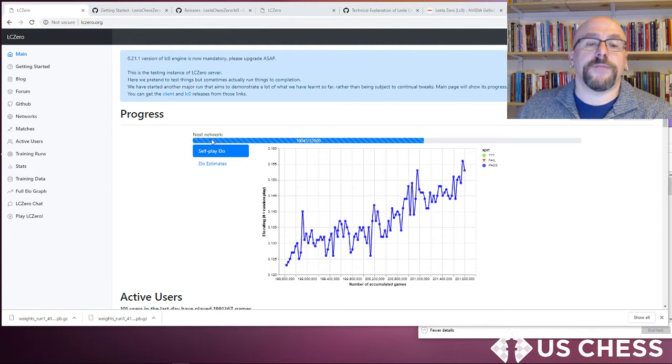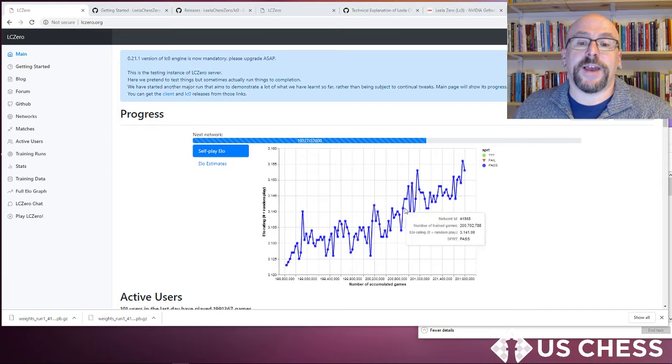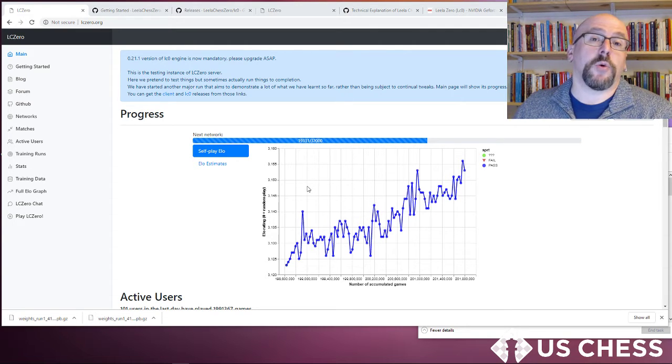So what you see in front of you is a progression bar as the self-training and self-tuning of the Leela Chess networks goes on. Right now we can see that over the past 3 million games, it has made steady, if not linear, improvement. That self-training, by the way, is going on computers all over the world.